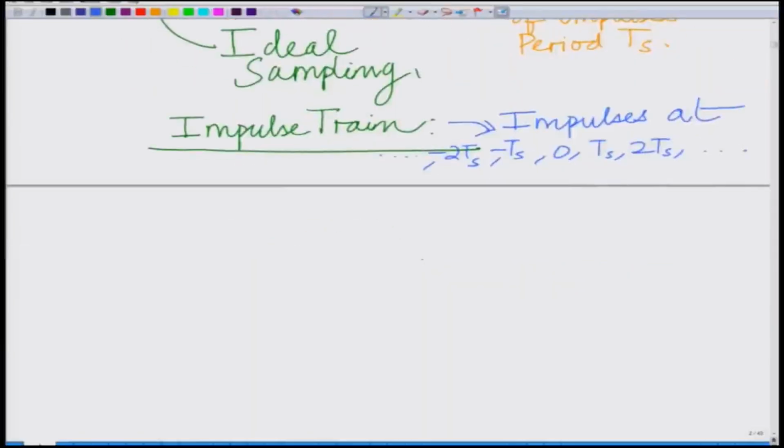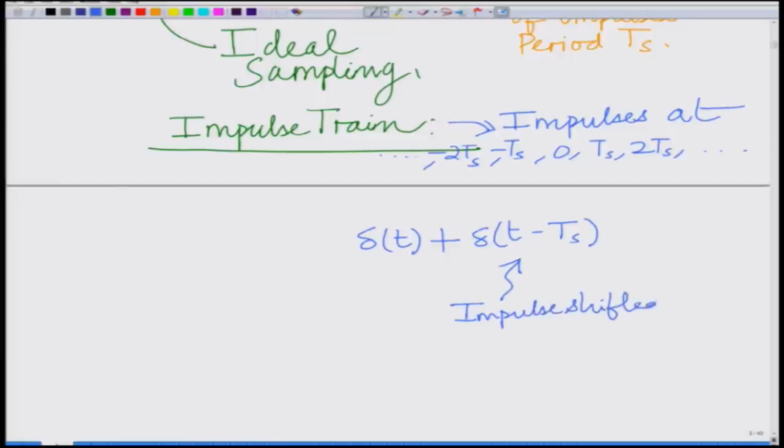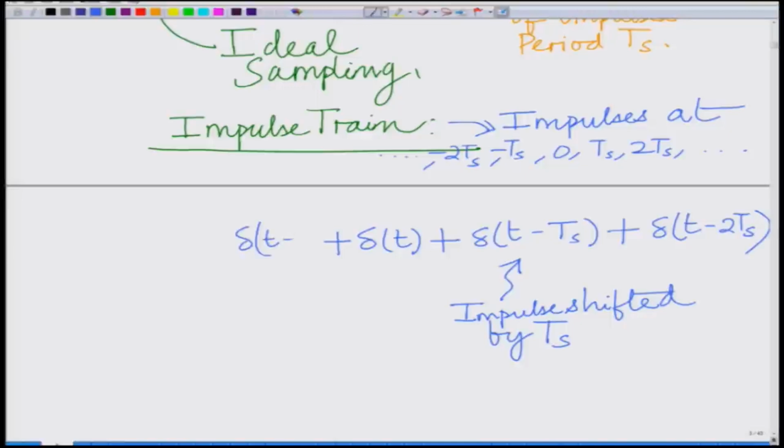And therefore, if you look at the corresponding signal, that is going to be impulse at 0, delta t, plus impulse at Ts, delta t minus Ts, this is the impulse shifted by Ts, plus delta t minus 2 Ts, plus also impulses at minus Ts, that is delta t plus Ts, and delta t plus 2 Ts, and it continues so on.